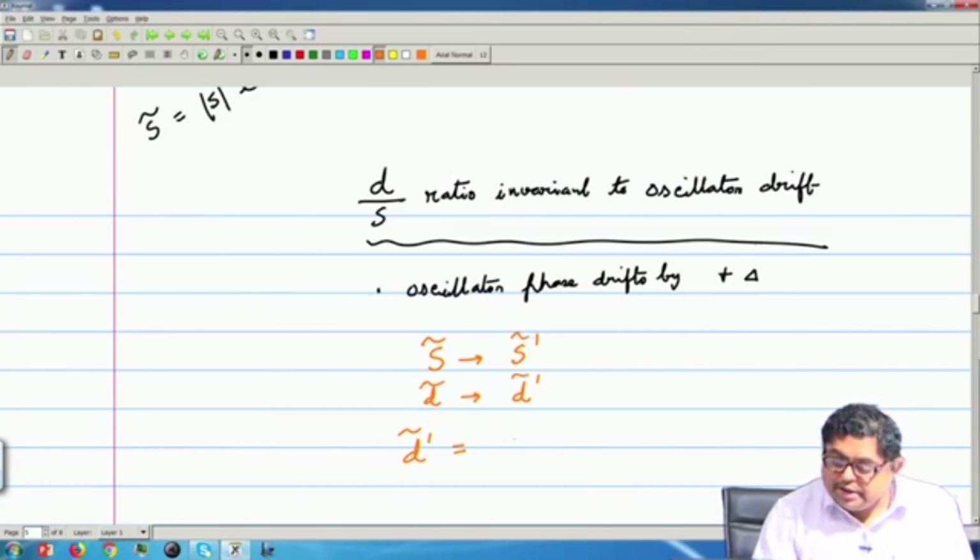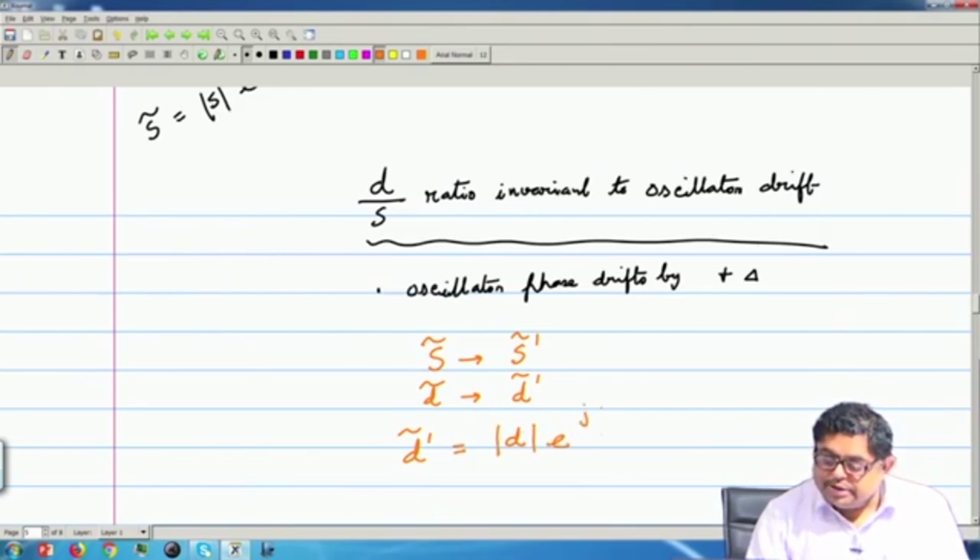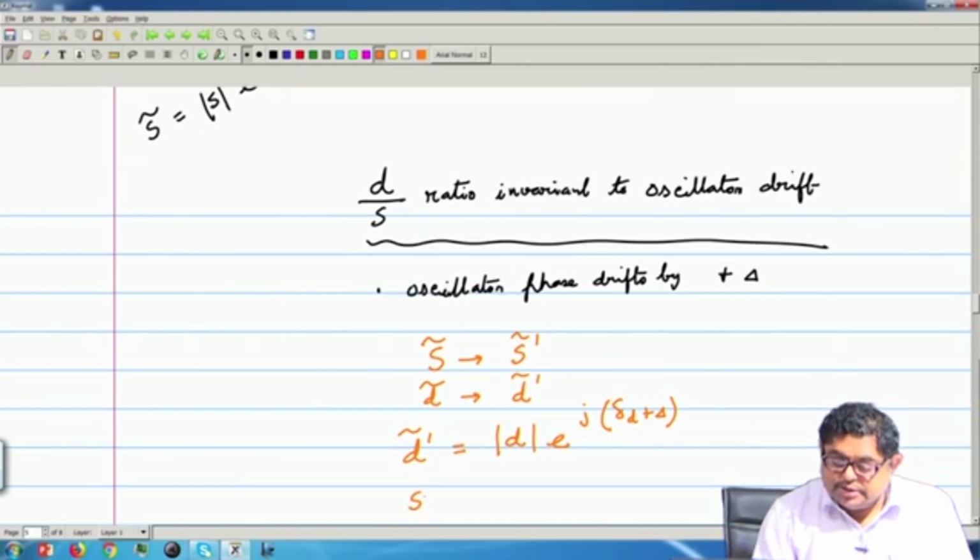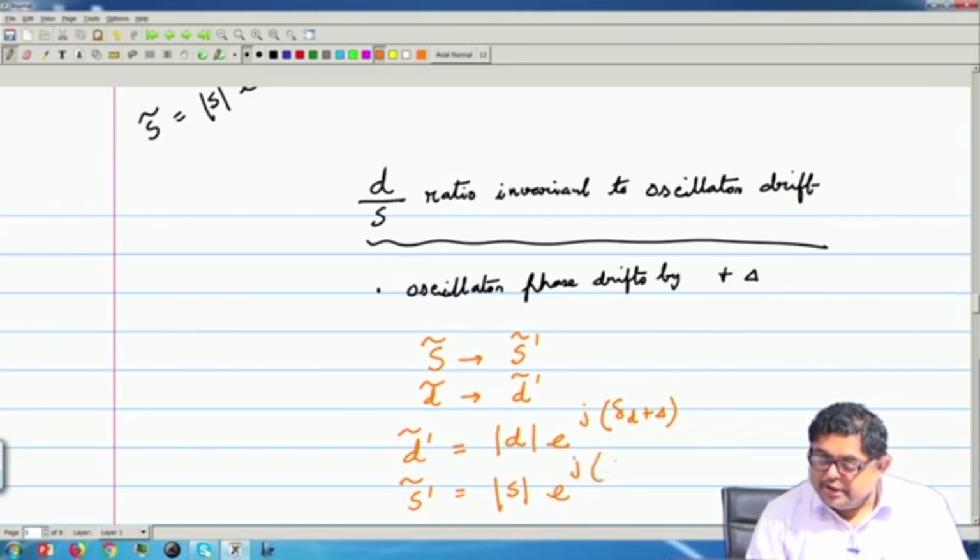What is D dash? As before, the magnitude will not change, but this is e to the power j (delta D plus delta). This is S dashed: S e to the power j (delta S plus delta).